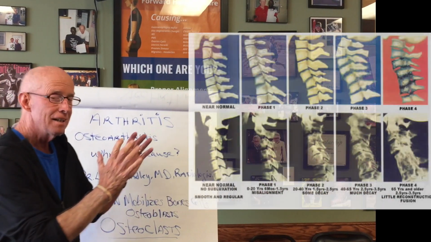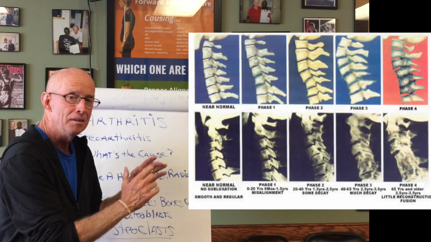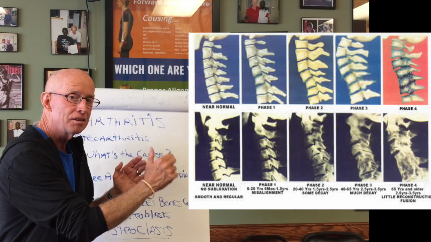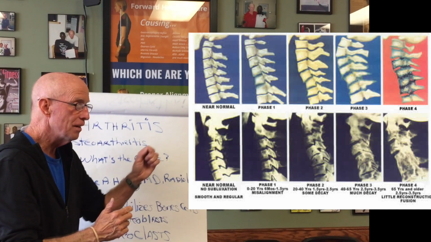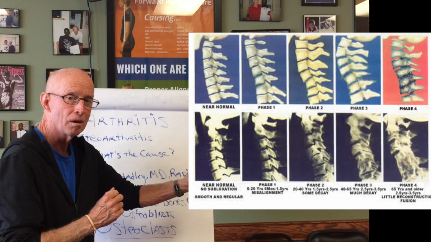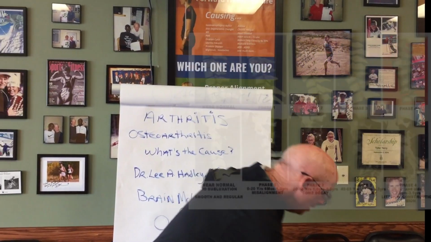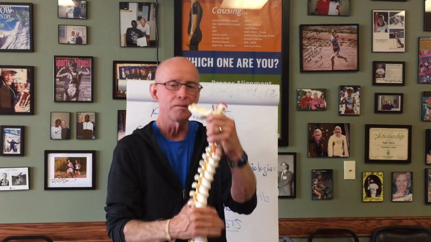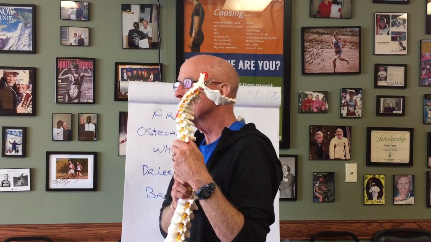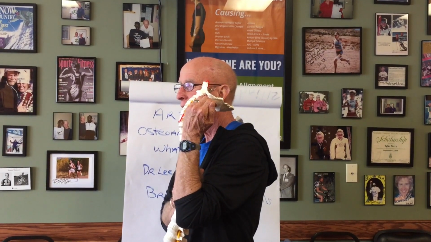You can look at his textbook and notice his 4 phases of degeneration. Phase 1, Phase 2, Phase 3, Phase 4. And notice, if you will, remember the spine should be perfectly straight from the front, but have a big C-shaped curve from the side.